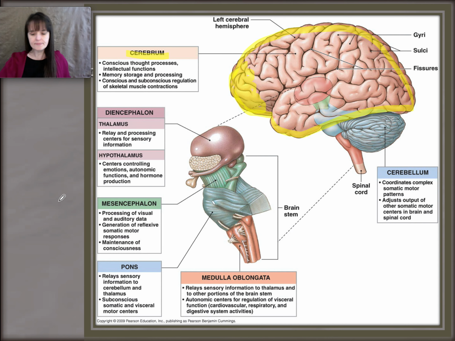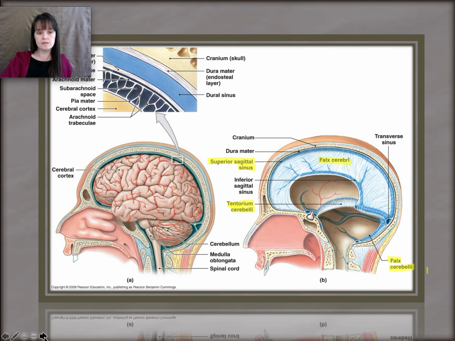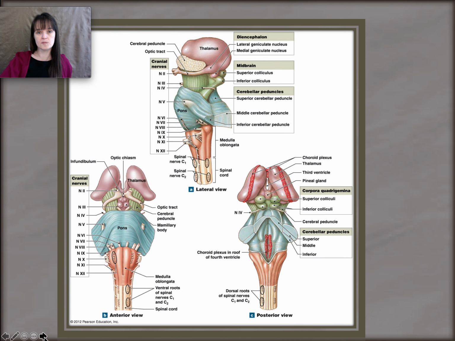The cerebral cortex is the outer surface of the brain. It's kind of like an orange. If you're looking at an orange that hasn't been cut open, you're looking at the rind. If you cut it open, you can see that the rind doesn't go all the way through.